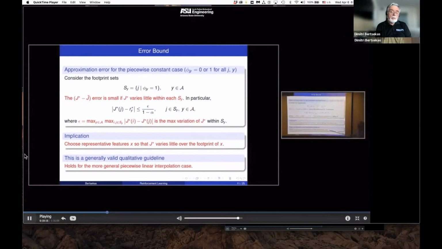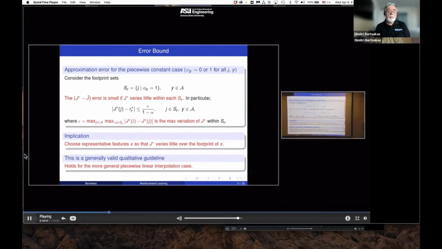So that gives you a guideline, supportive of what I mentioned earlier, that you should choose feature maps such that states with roughly equal J star have roughly equal features, and also that you should be choosing representative features so that within their footprint, J star does not vary much.